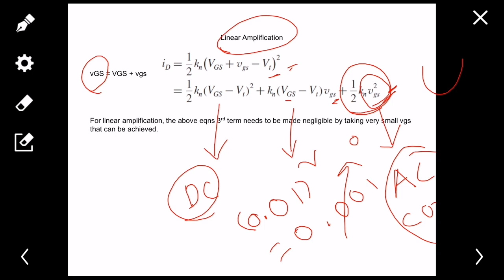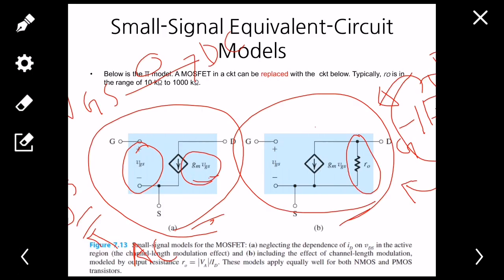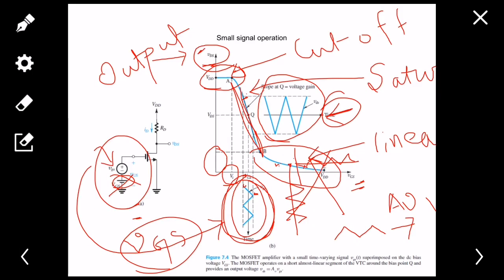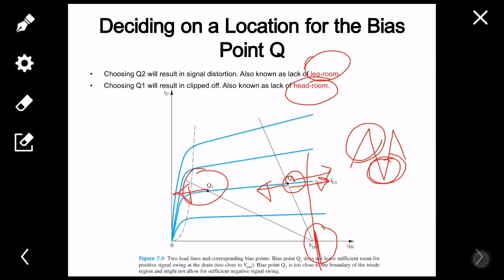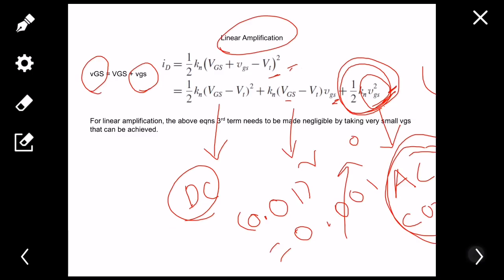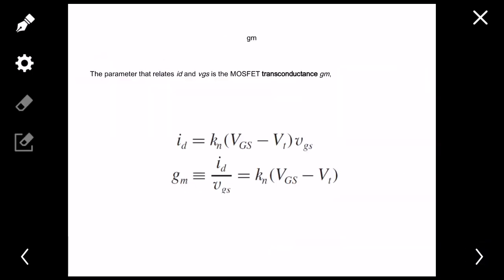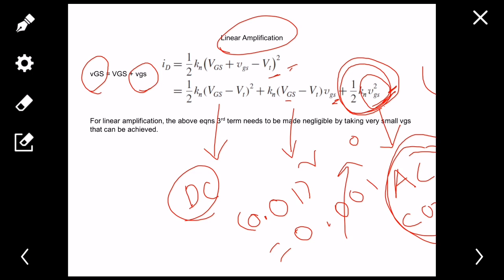So basically you can avoid this whole term, the AC component, by choosing your input AC signal, this one or this one, to be very small. If you choose the AC signal to be very small, you can actually avoid this term.